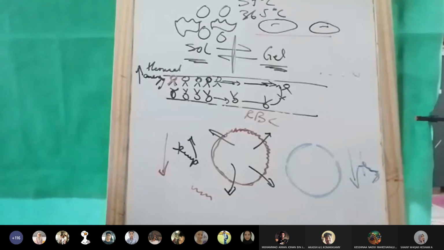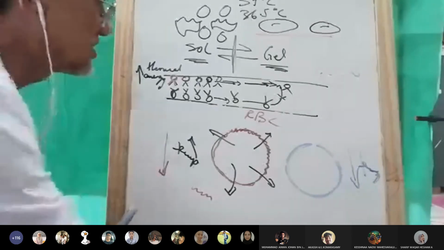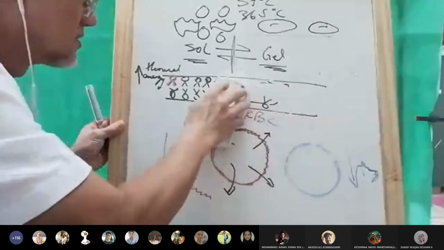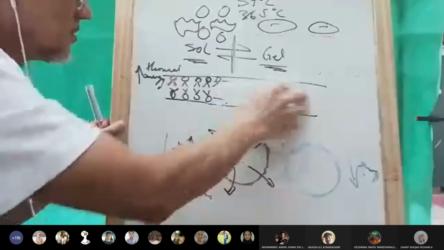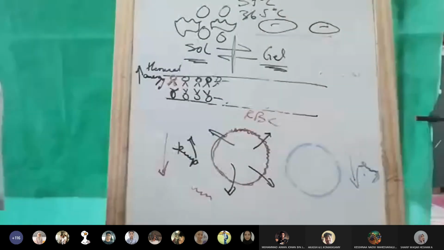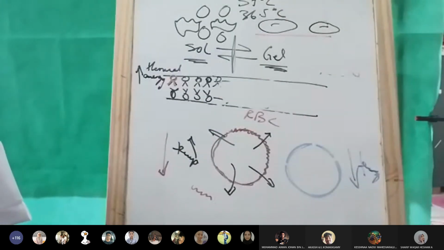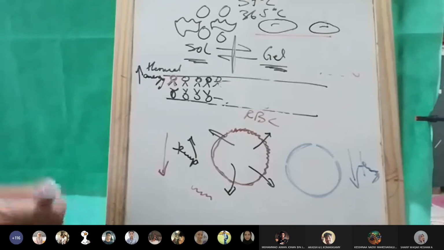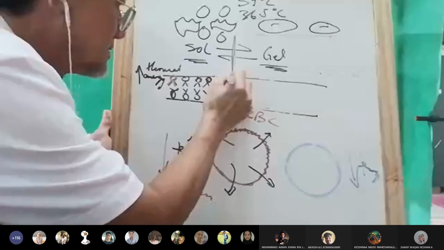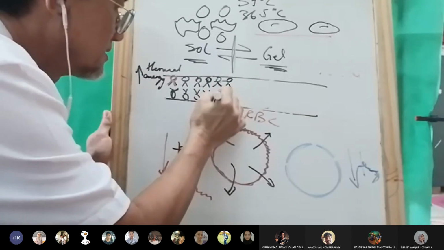Now, in order for the cell membrane to maintain its static position, if you look at cholesterol on slide number 12, the good thing about cholesterol is that it helps to anchor the phospholipid layer.